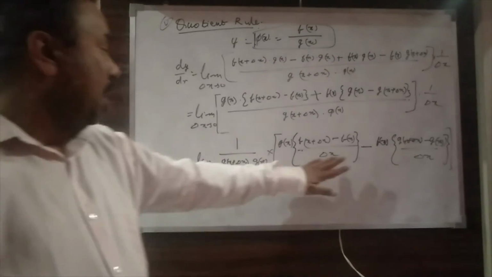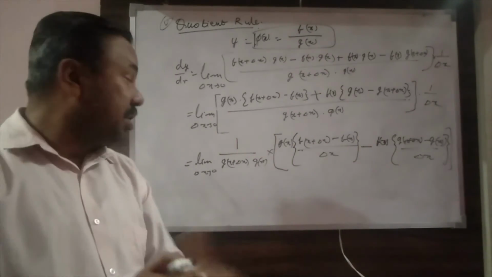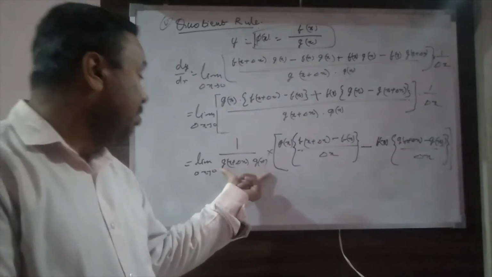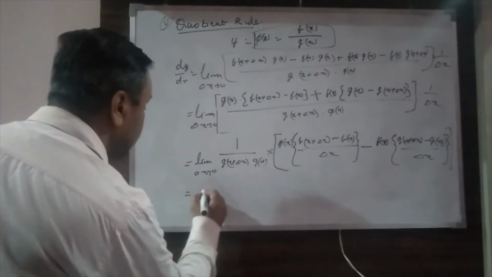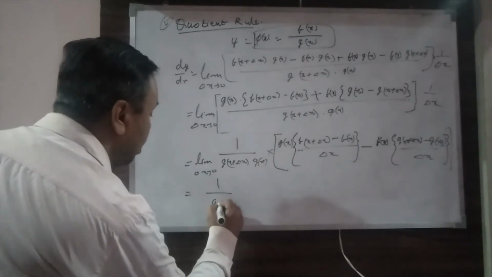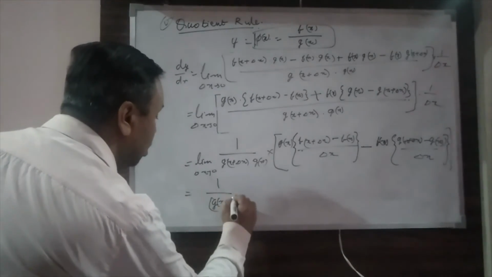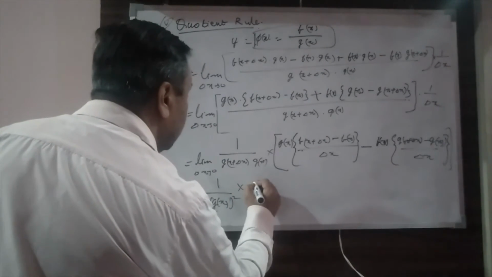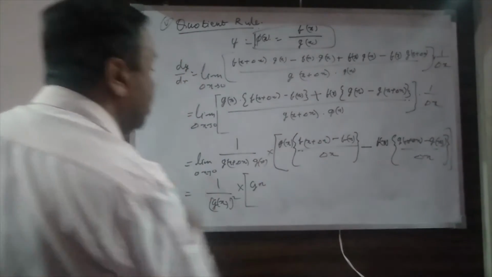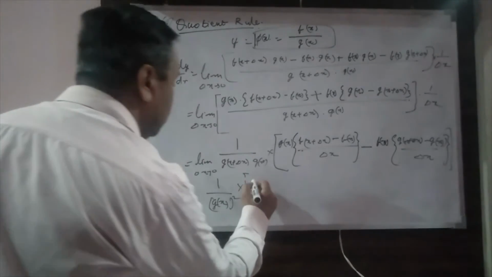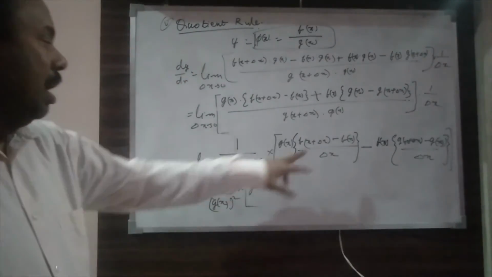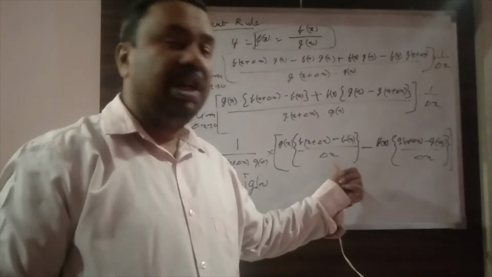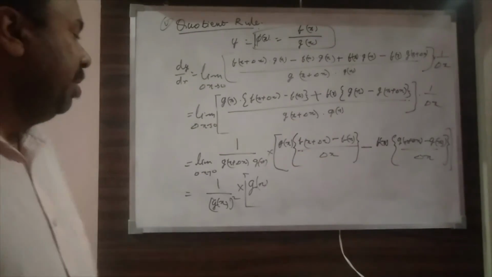Okay. Now, as I have explained just now, this gx plus delta x will become gx, so this will become gx square. So it will be now 1 by gx square, multiplied by gx and what this is, fx plus delta x minus fx divided by delta x, and when I operate the limit, what do we get?